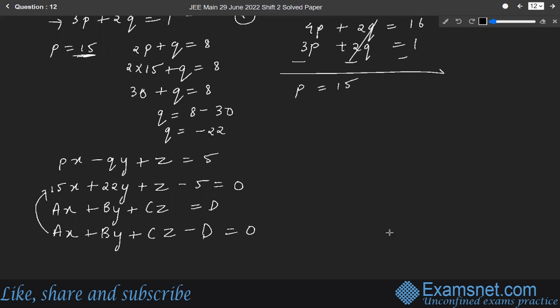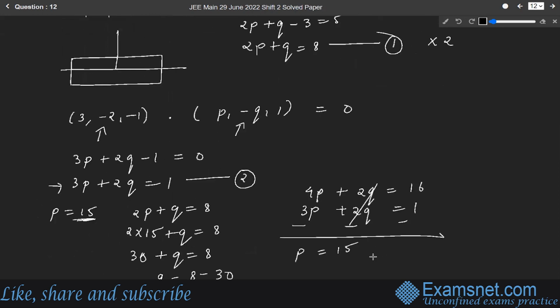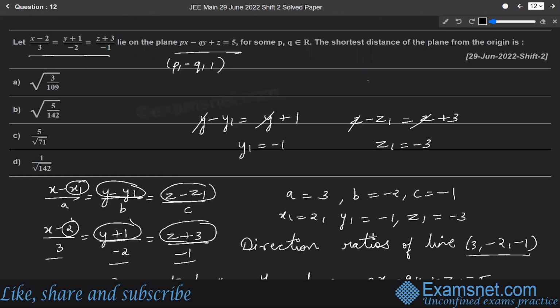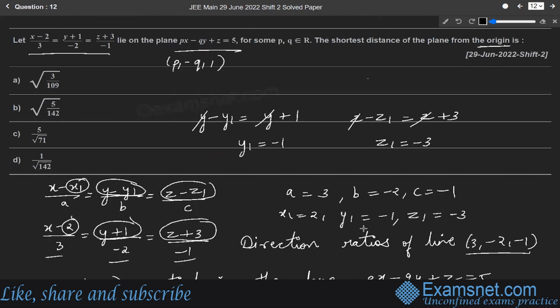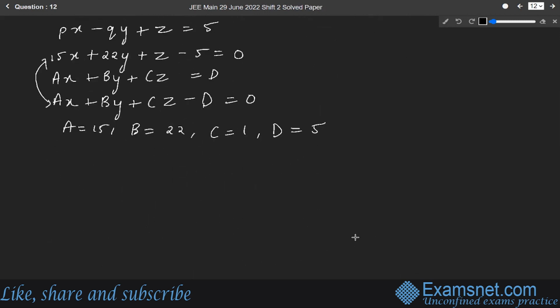When we compare both these equations, then a will be equal to 15, b will be equal to 22, c will be equal to 1 and d will be equal to 5. Now we have to find the shortest distance from the origin. Okay. Since origin is mentioned here, so let us first write the formula to calculate the shortest distance from the origin. Do you know what is the formula to calculate the shortest distance from the origin?